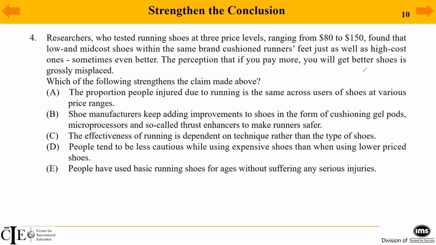Because he's saying that the advantages are the same. So the evidence here is that the advantage you get from $80 shoes and $150 shoes is the same. Therefore, the perception that if you pay more, you will get better shoes is grossly misplaced. That's what the argument's conclusion is. So you have to strengthen the claim.